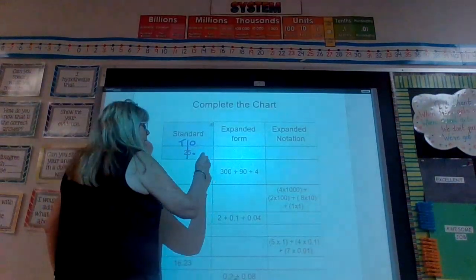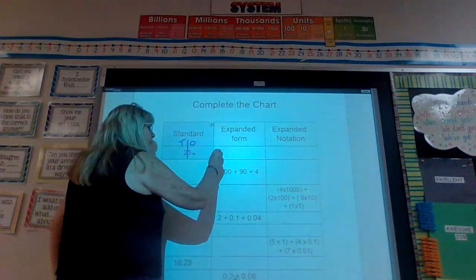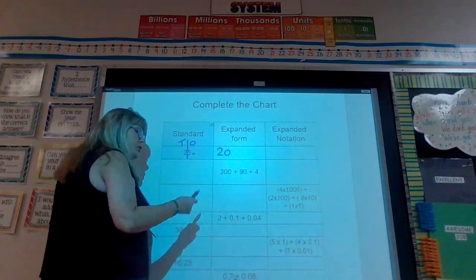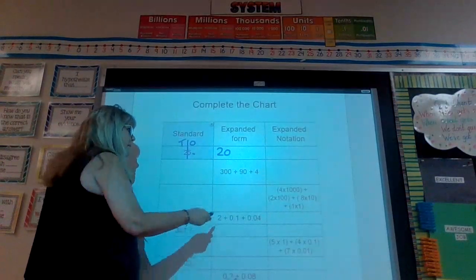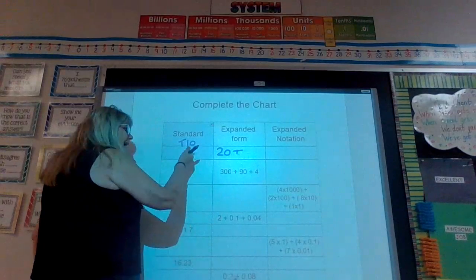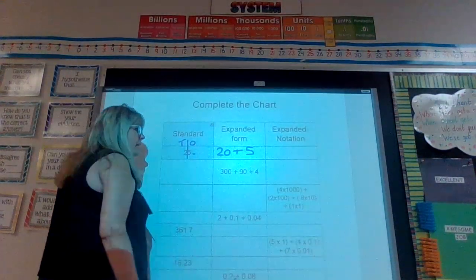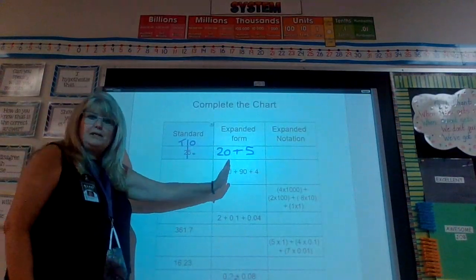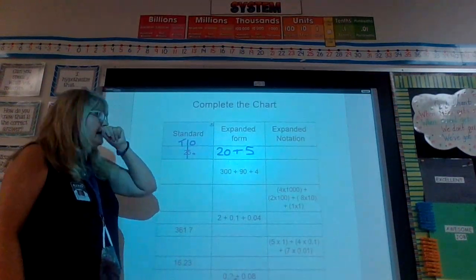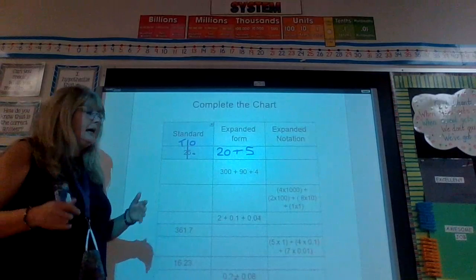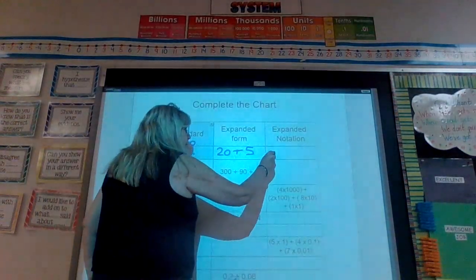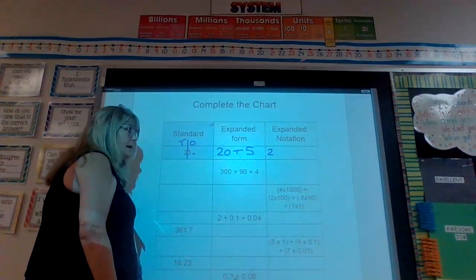So, that 2 represents 20. The value of that 2 is 20. The value of that 5, it's in the ones place, so the value of that 5 is 5. So in expanded form, it would be 20 plus 5. Expanded notation, the same way. That 2 is in the tens place.